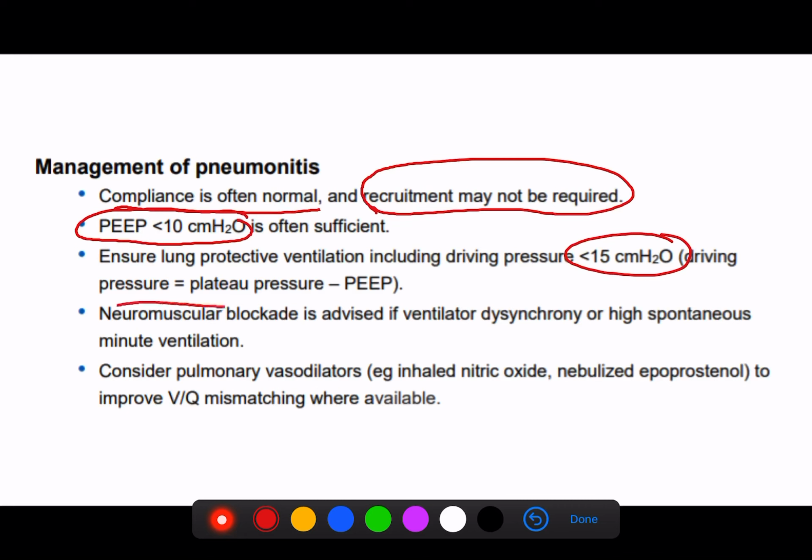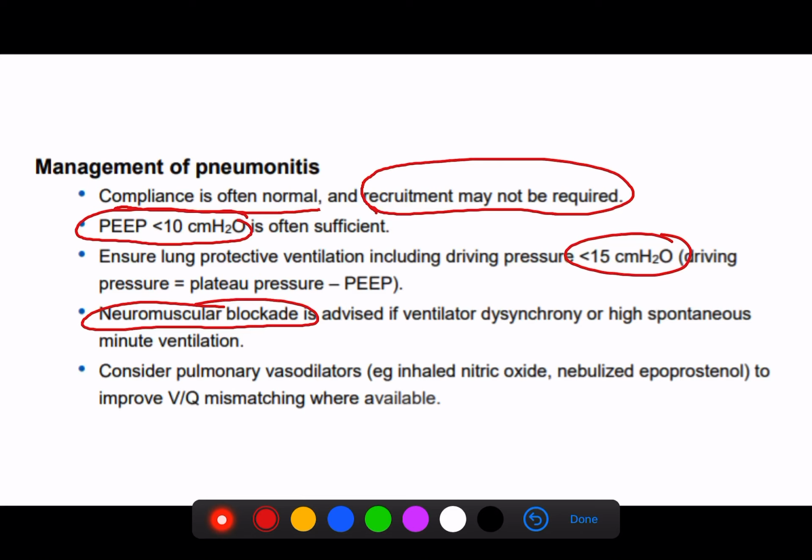I think neuromuscular blockade is really important, especially in this high volume group of patients, which is the COVID patients. If you've got lots and lots of patients on the ventilator, some may be desynchronous, and I think the easiest thing to do is to give them neuromuscular blockade.